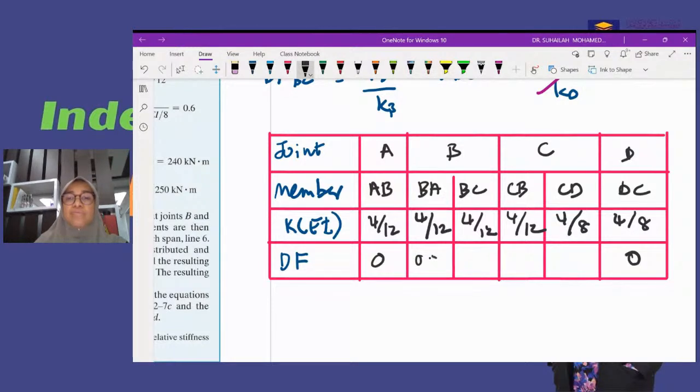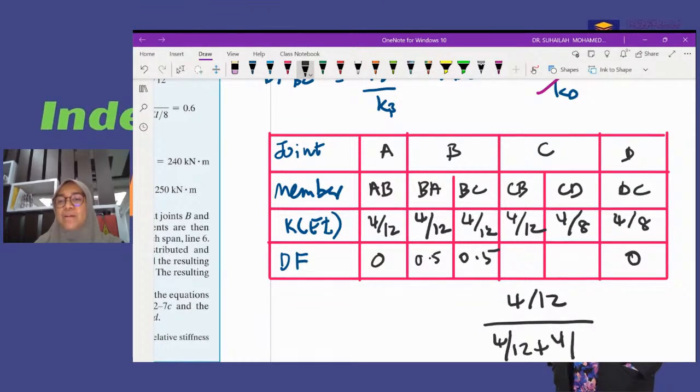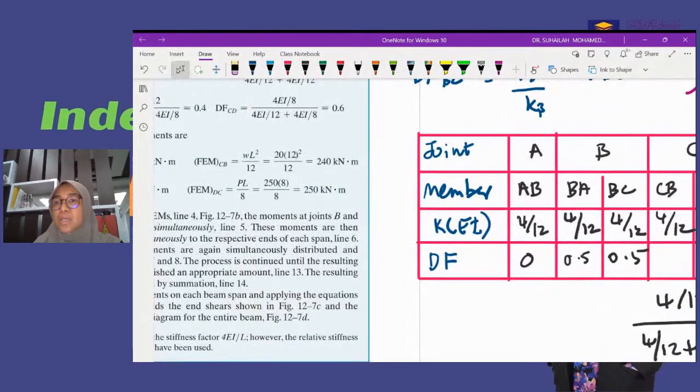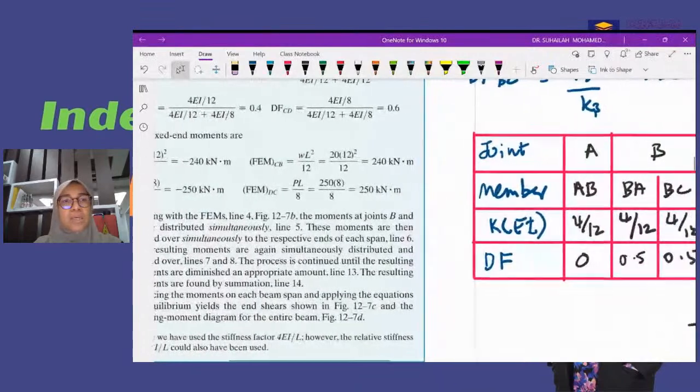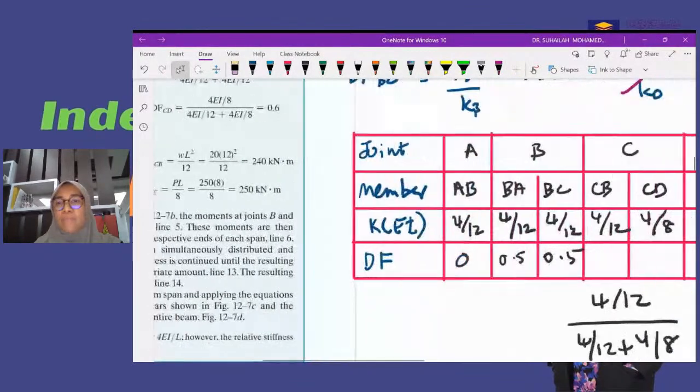And for CB, it is 4 over 12 divided by 4 over 12 plus 4 over 8, and the value for CB is 0.4.